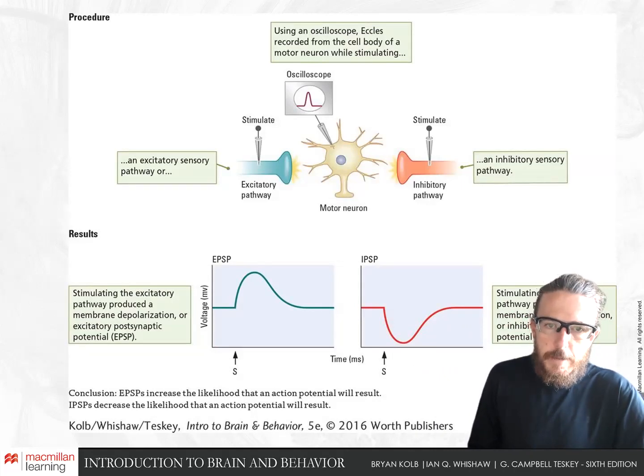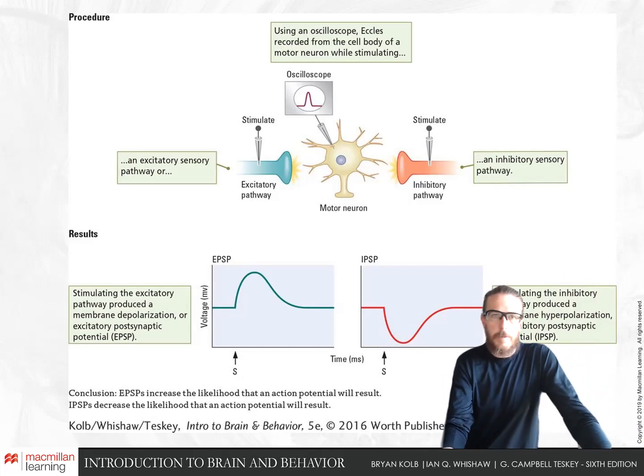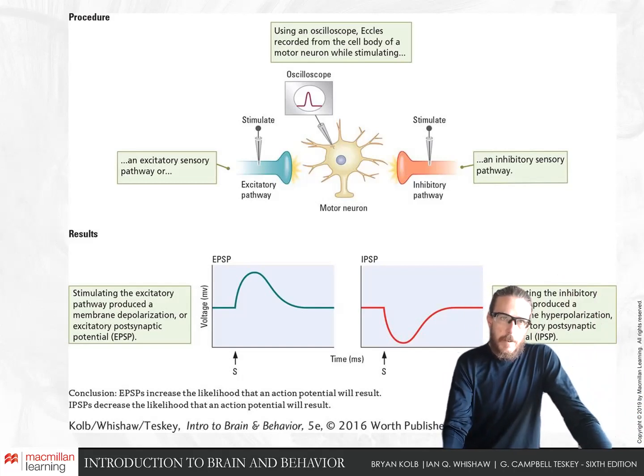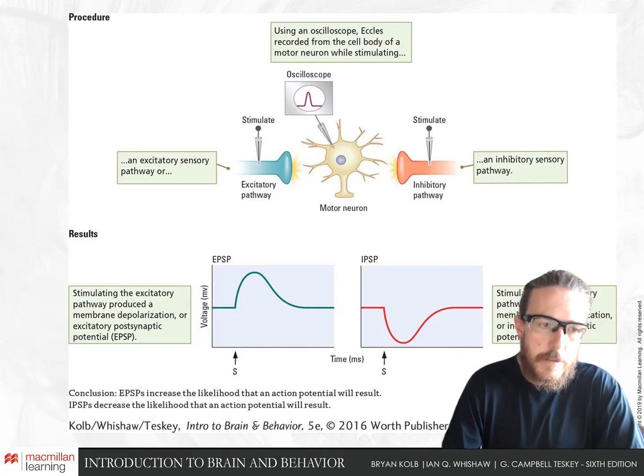If you stimulate an inhibitory incoming neuron, however, you can create a hyperpolarization, making the neuron less likely to fire an action potential. So we either stimulate the incoming neurons and then record from the motor neuron, and that neuron can either be excited or inhibited by these incoming neurons.